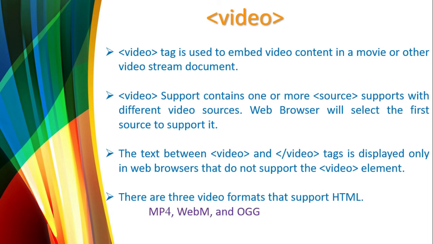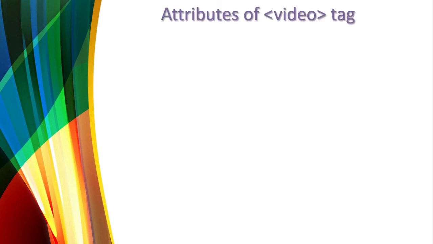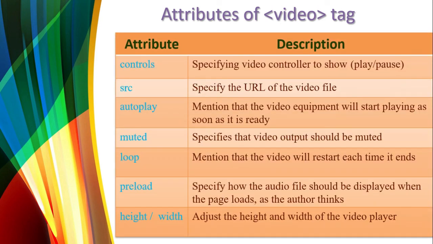They are MP4, WebM and OGG. There are many attributes which we can use within the video tag as in the audio tag: controls, SRC, autoplay, muted, loop, preload, and height and width. Height and width adjust the height and width of the video player.